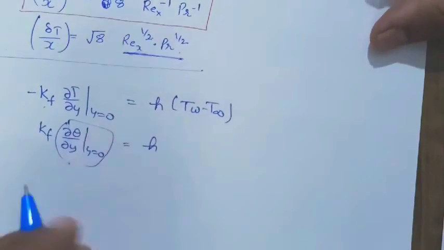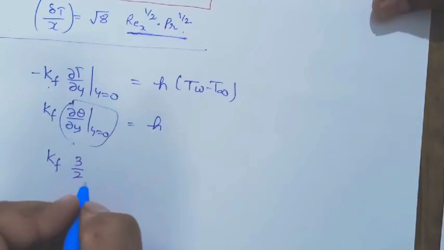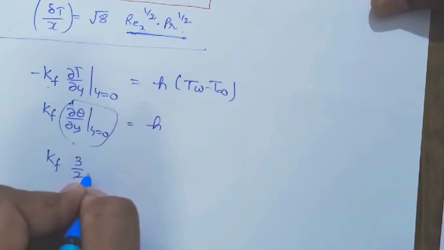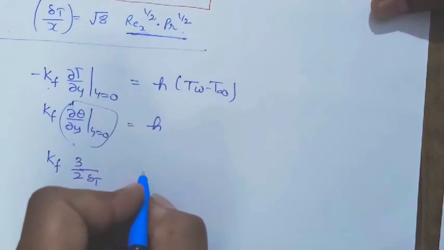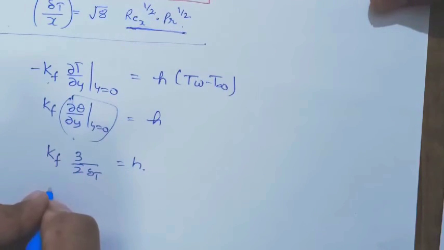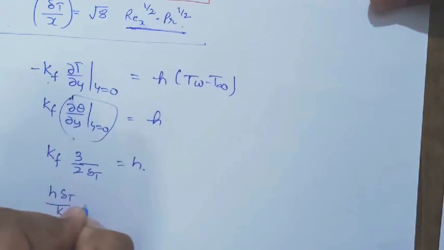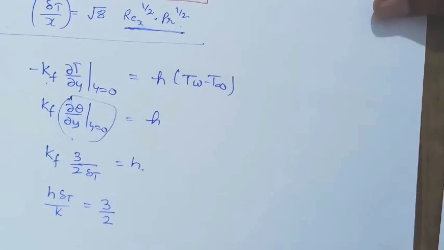So it will be kf times 3 by 2 of delta T is equal to h.